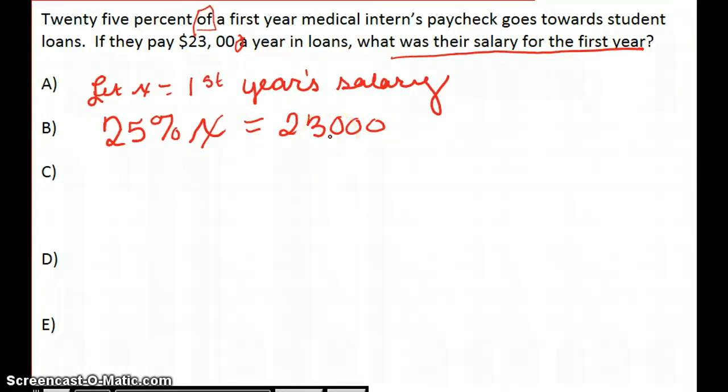Now I can't solve it in this format. How do you divide 23,000 by 25%? It's just not going to work. So I need to do one of two things. I need to either turn 25% into a decimal or a fraction. If I turn it into a decimal, it's going to be 0.25.